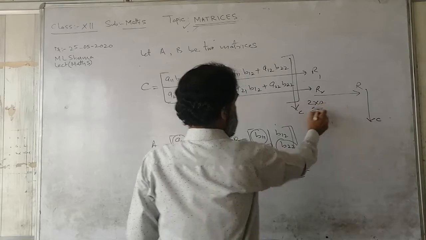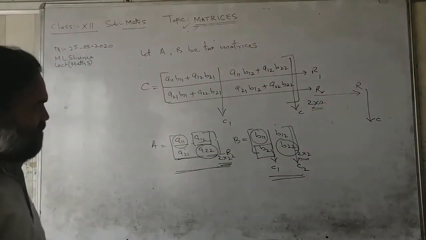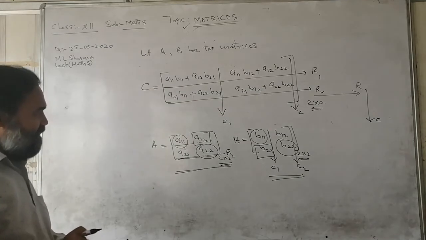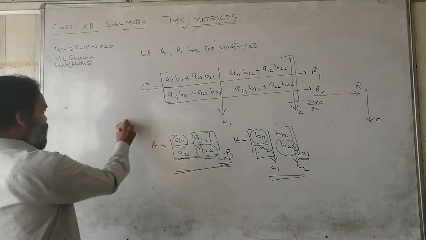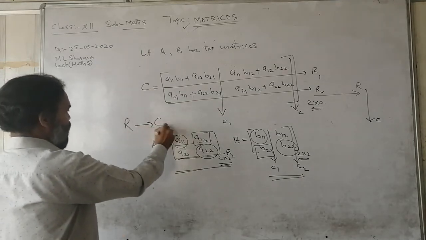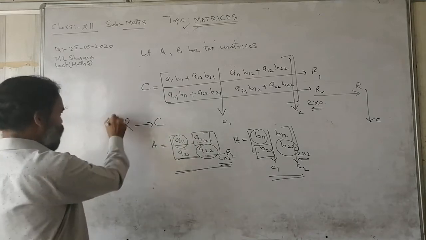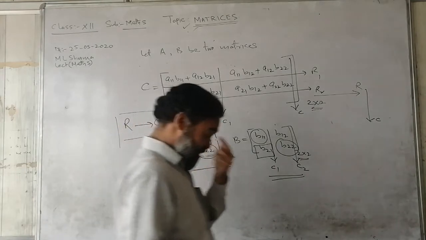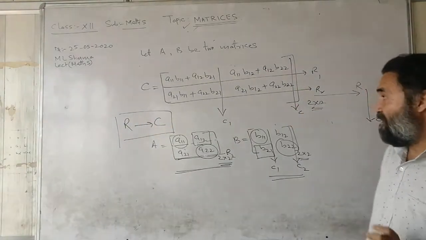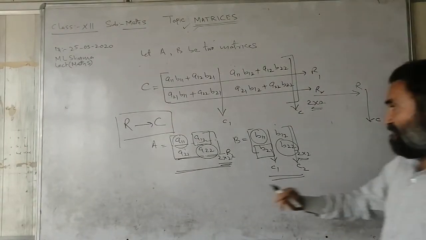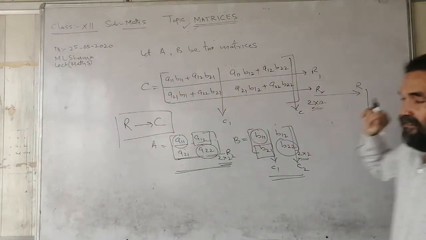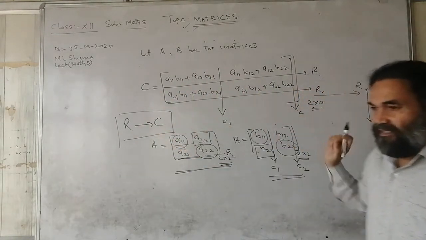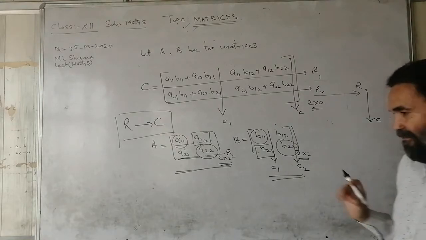Again, this is of the same order. So in this way, we multiply the elements row by column. So this is the rule. Whenever we have to multiply two matrices, we multiply the elements lying in the row with the elements lying on the column.